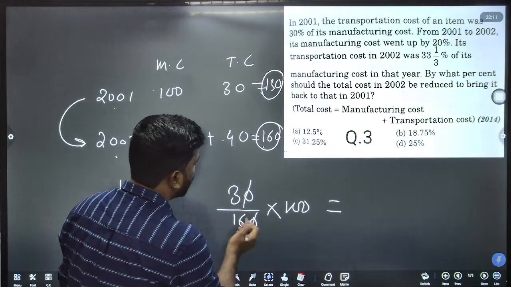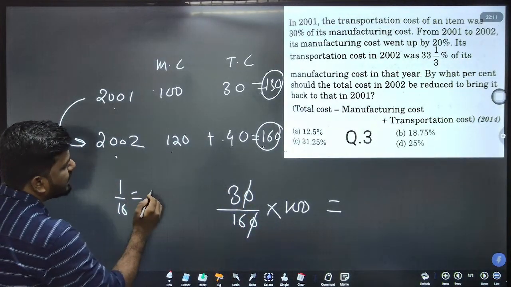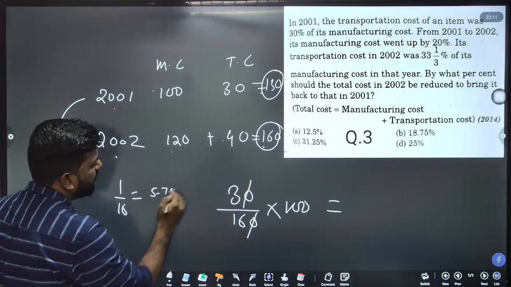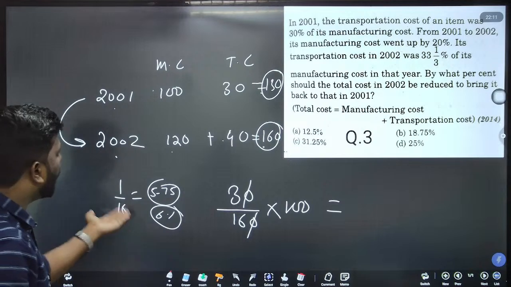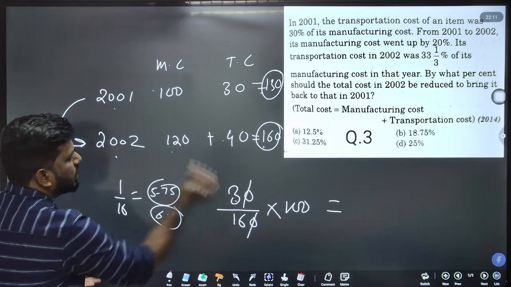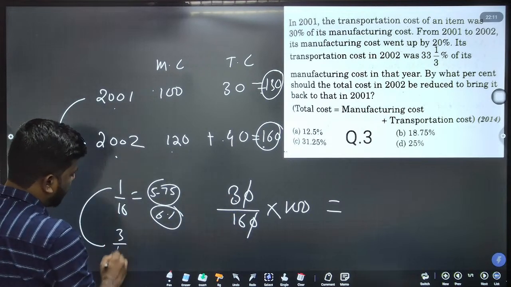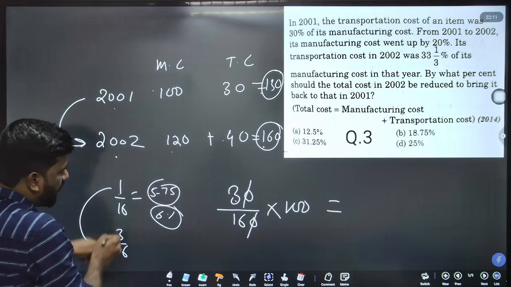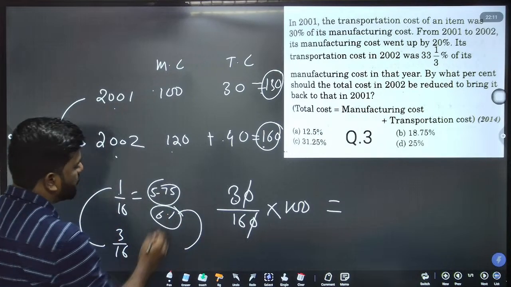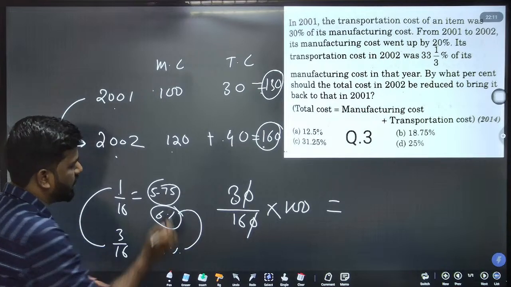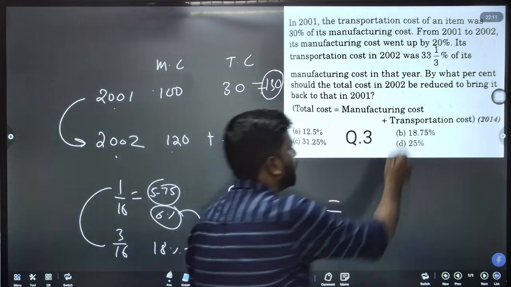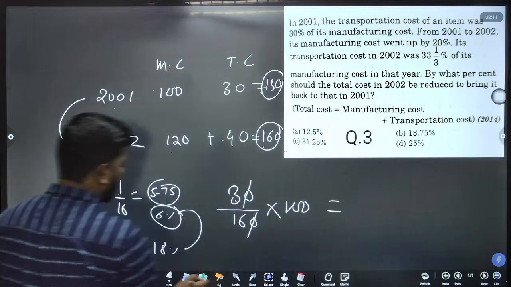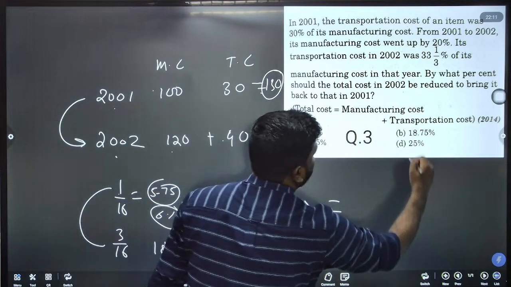All right, I know 1 by 16 is somewhere around 5.75 or 6%. If I take the approximate value, what I need is 3 by 16, so I am multiplying this value by 3, and I have to also multiply this value by 3. This will be 18%. Do we have any options around 18%? Yes, option B. So this will be your correct answer.